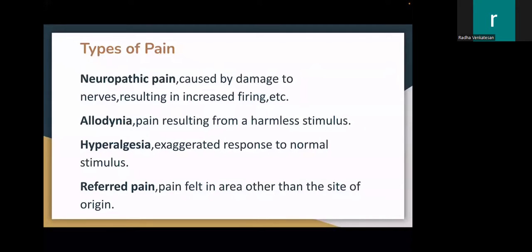Okay, next comes allodynia. What is allodynia? Allodynia is pain resulting from a harmless stimulus. Normally this stimulus will not cause pain at all. An example of allodynia: some patients with chronic pain feel pain to touch. Normally none of us have pain to touch.